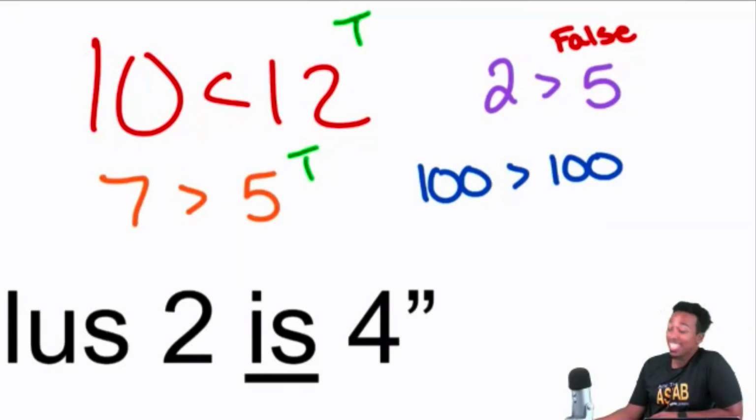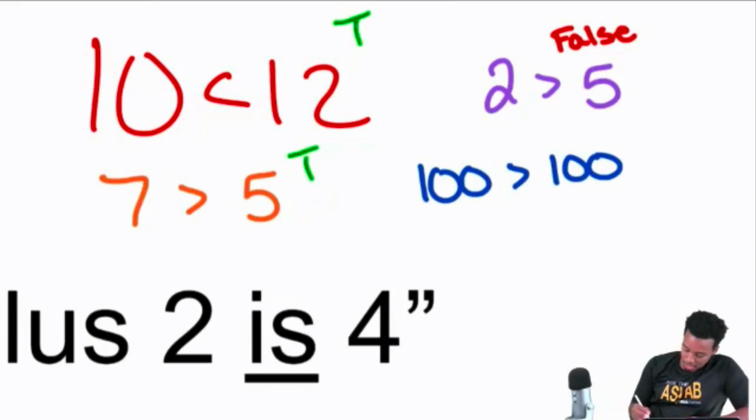Yeah, that's right. That should say equal. 100 is not bigger than itself. No number is bigger than itself. Every number is itself. So 100 cannot be greater than 100. 100 is 100. Let me just write false here.